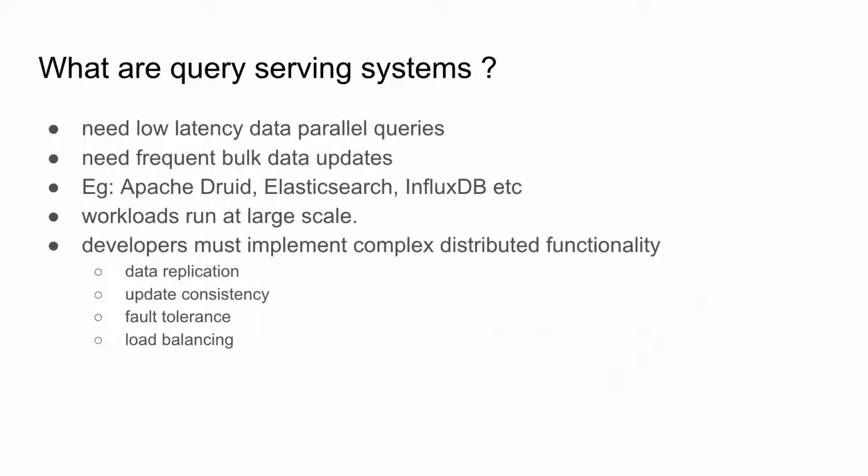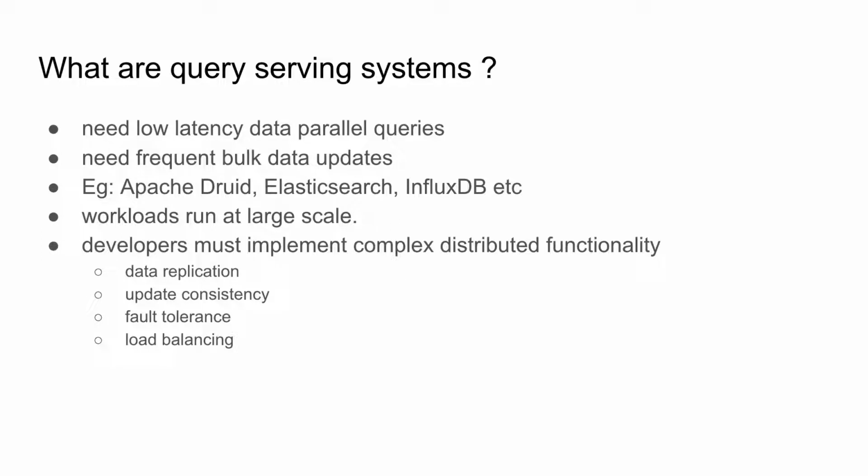Let's first answer the question, what are query serving systems? This was a new term for me because, for me, everything was just a database or a data store which stores and gets your data. So query serving systems need low latency data parallel queries. They need frequent bulk data updates.